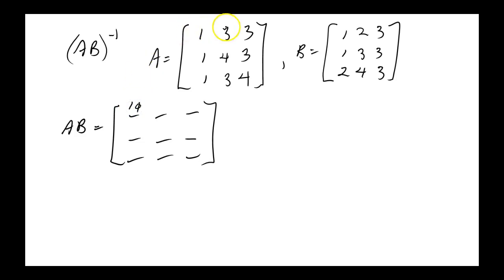Okay. First row, second column. What you got? We have 2, 9, that would be 11, plus 12. Right? That would be 23. Okay. First row, third column.